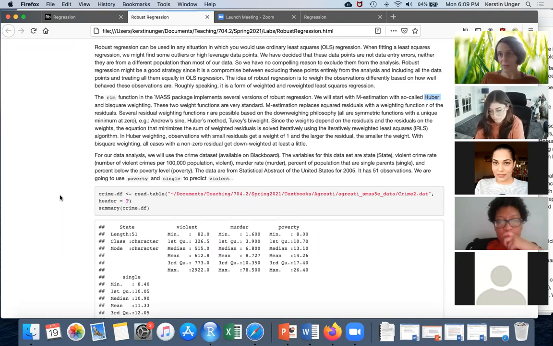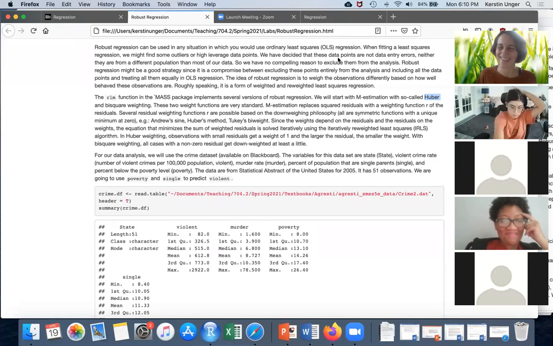That would be a situation where we want to run a robust regression model, so we want to use a robust estimation method. And just as a reminder, the whole idea is that we are reducing the impact of cases that are unusual.